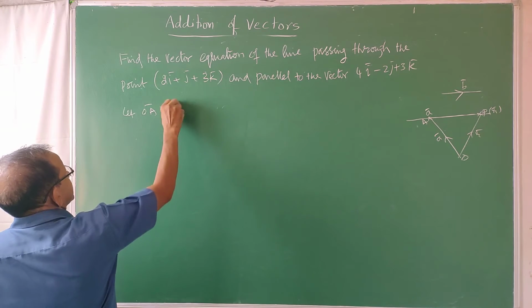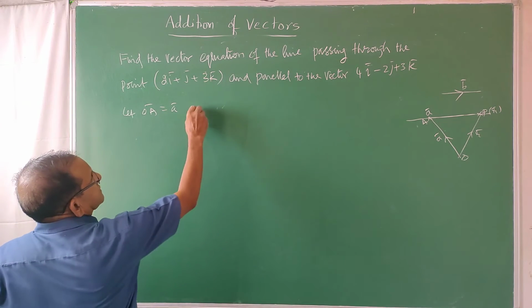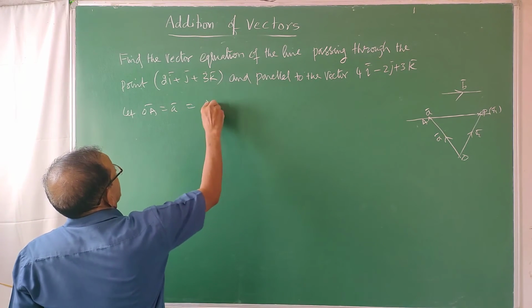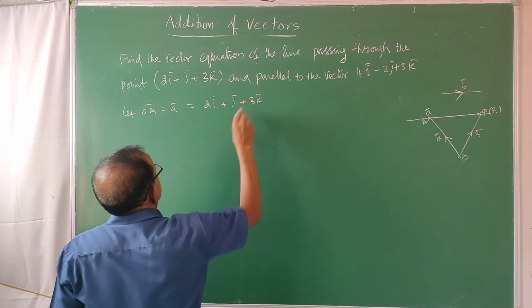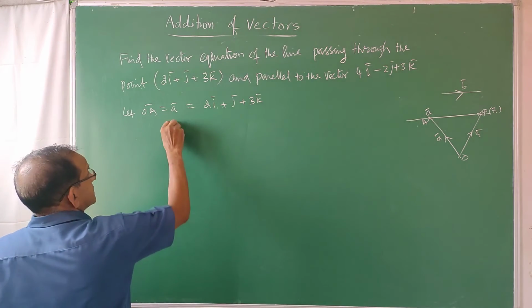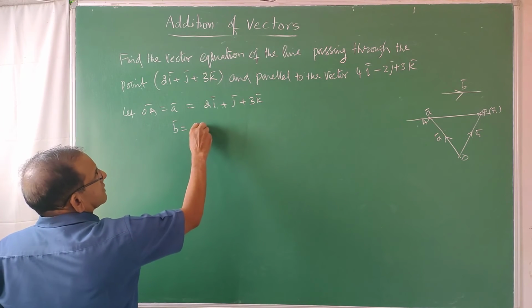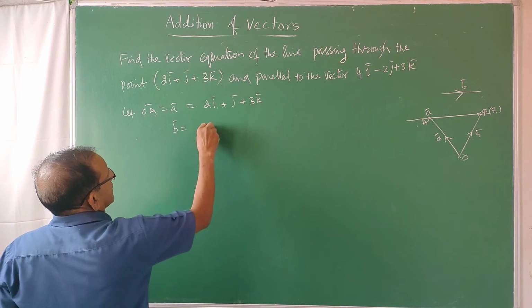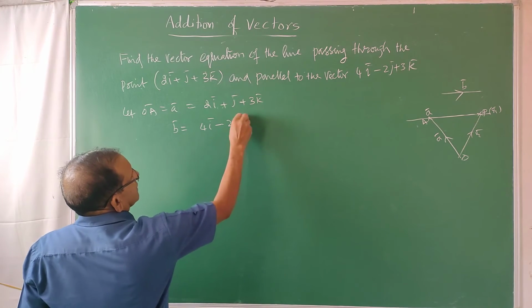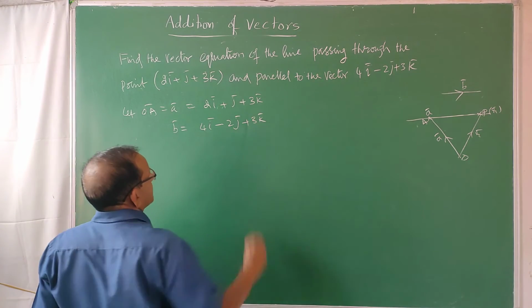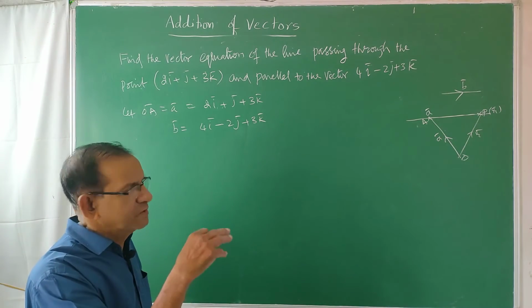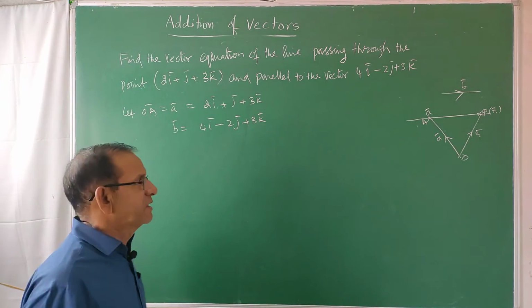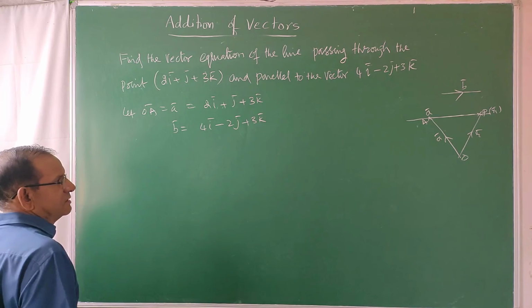Let us indicate it by small a bar, that is 2i plus j plus 3k, and another vector given, take it as b bar, that is 4i minus 2j plus 3k. Now, I have to find out the vector equation of the line passing through a bar and parallel to b bar. There is a formula for that.